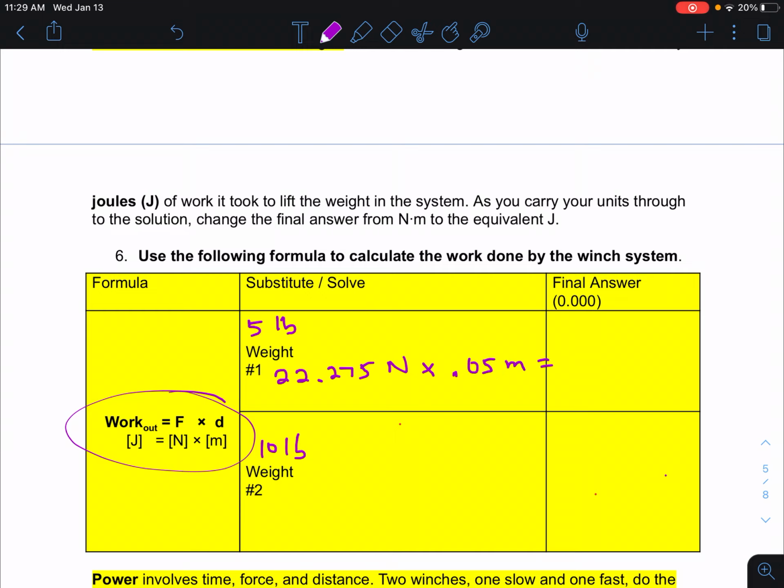And then we can calculate our efficiency, because the whole idea is to calculate the efficiency of this winch in lifting these different weights. So the equation for efficiency is power out divided by power in times 100. We just calculated the power in, goes on the bottom, 1.8, and the power out right here is 0.192. 0.192 divided by 1.8 gives us our efficiency.